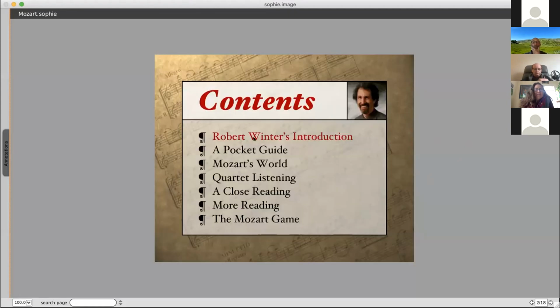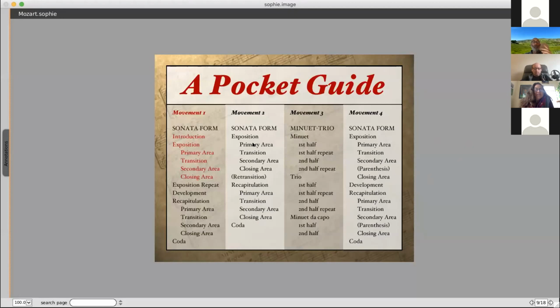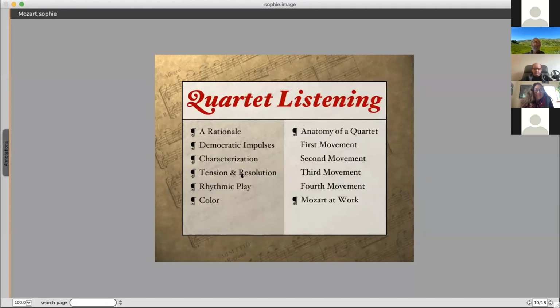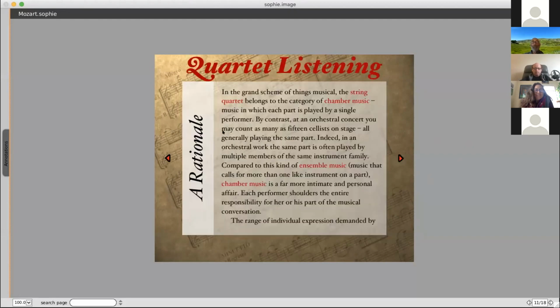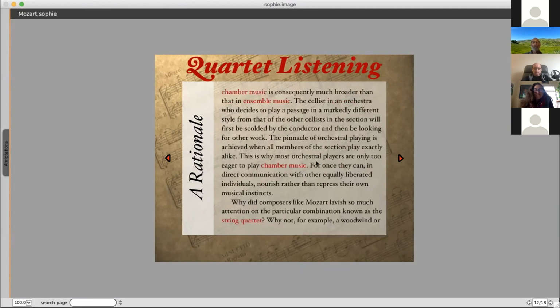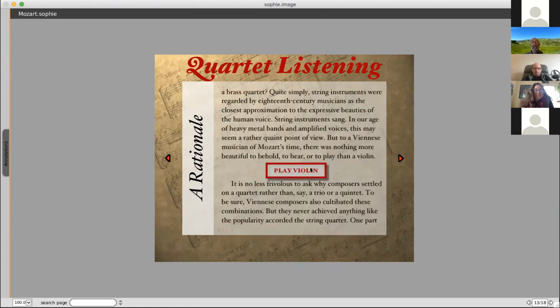So one of the really cool things we did here was we chapterized this Mozart quartet. There was a whole section which contextualizes the music with glossary sections and audio sections.